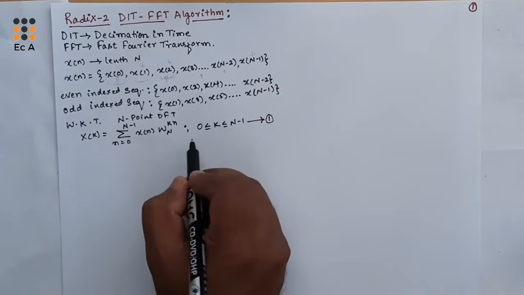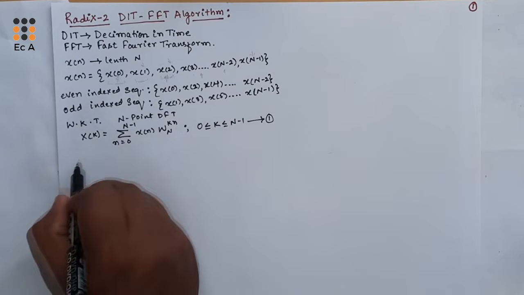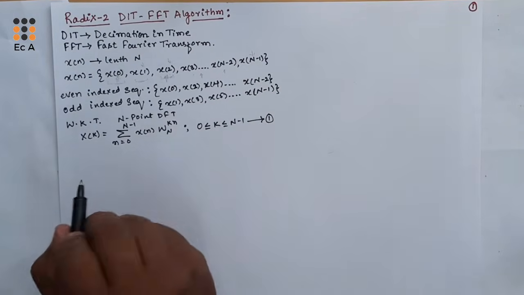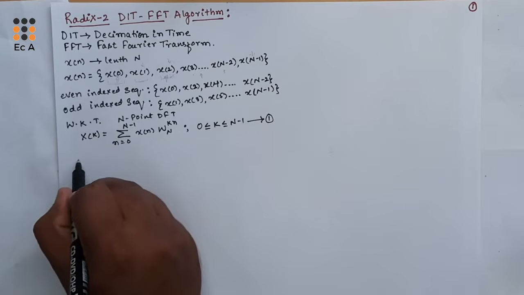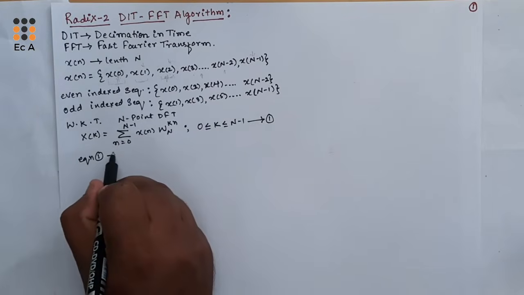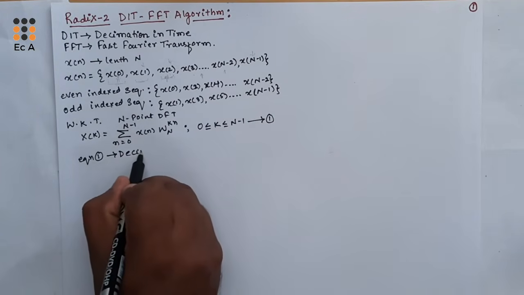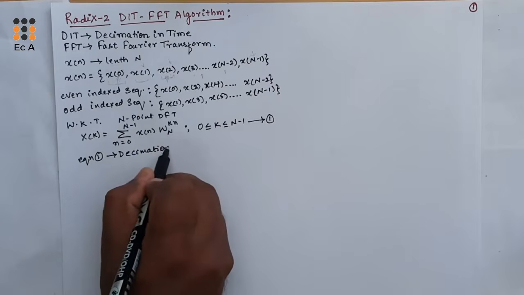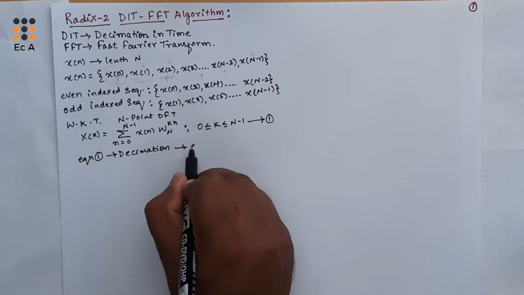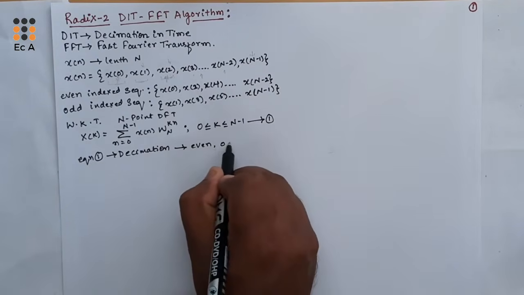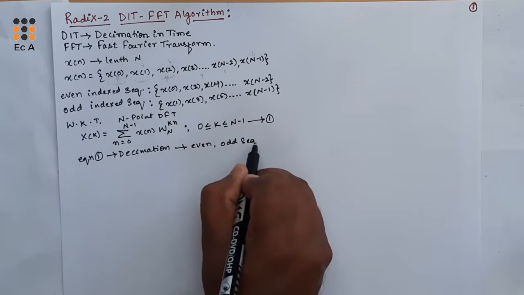Now, let us decimate equation 1 into even indexed and odd indexed sequences.